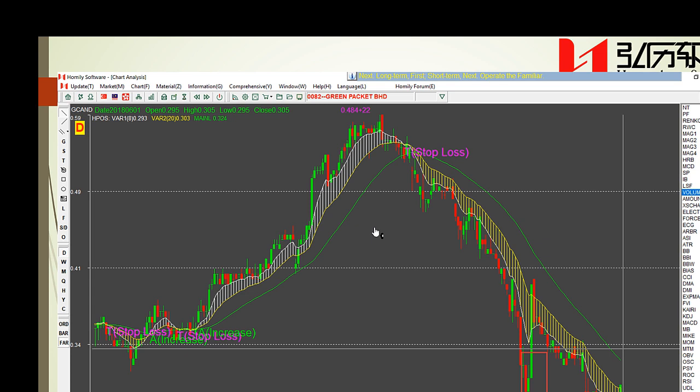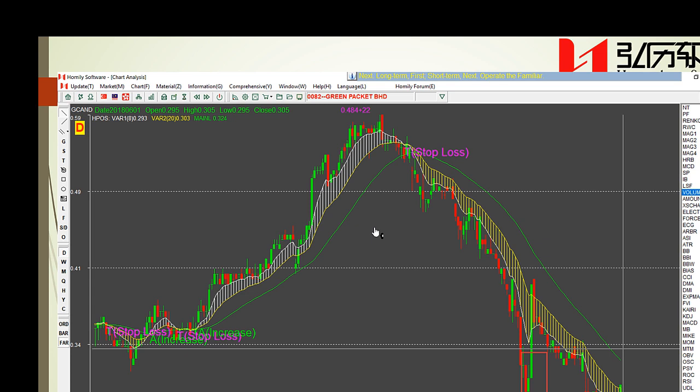So here we can check from the candlestick pattern. This candlestick is a young candle with a lower shadow and upper shadow. The lower shadow just touches the green line, so it means it can get support from the green line. So in this case we have no need to sell it.